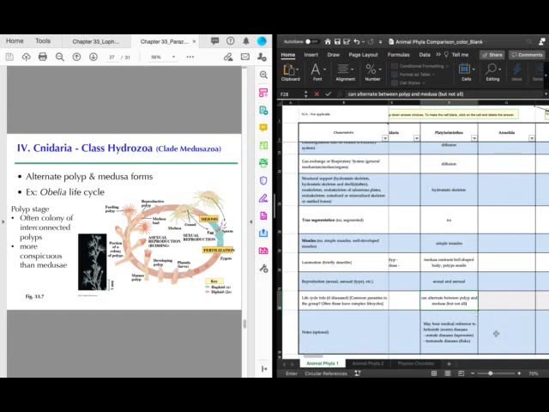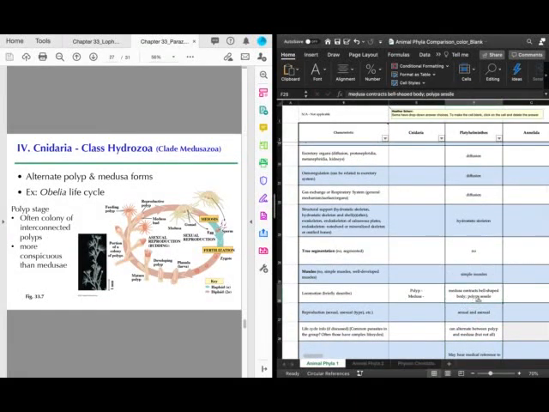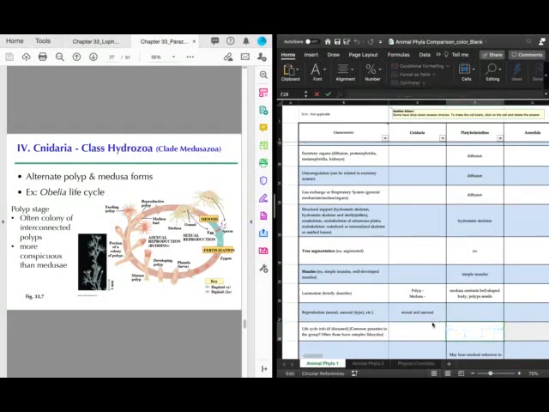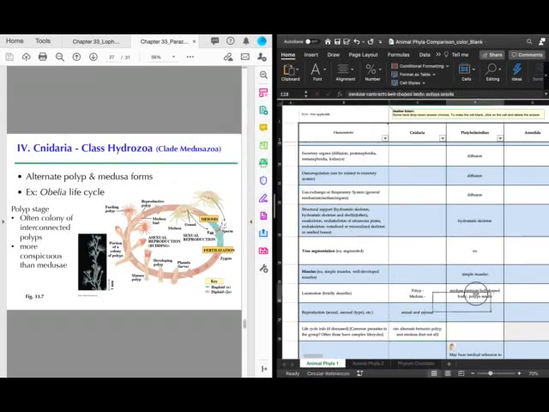That's good. Oh no, I've gotten over to platyhelminthes. All right, well maybe that's why. Okay. There we go. Ah, so polyp.